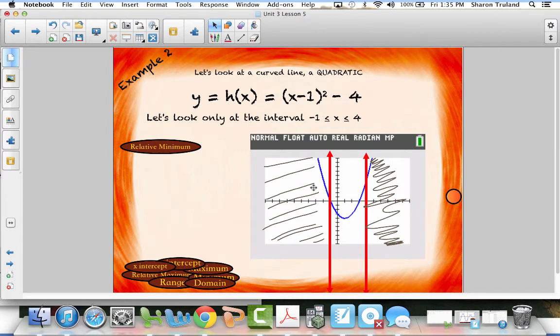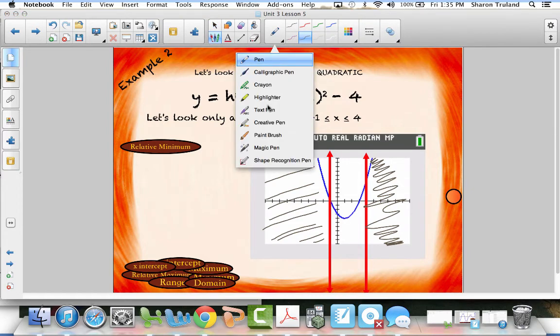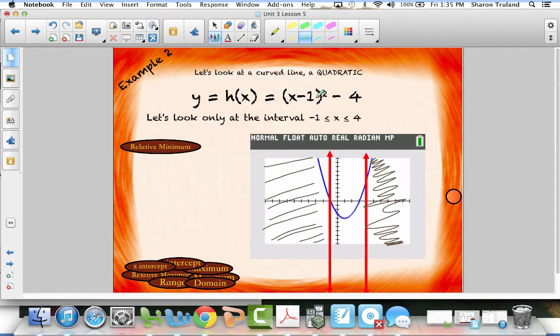Yes. Once again, let's go to my highlighter pen. It's right there. That's the smallest point of my graph. Can I find an x-intercept? Absolutely. It intercepts the x-axis here and here.